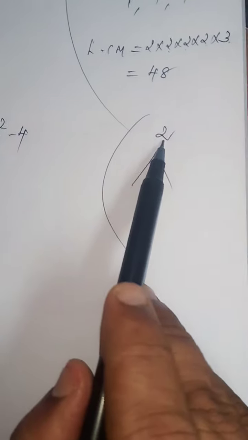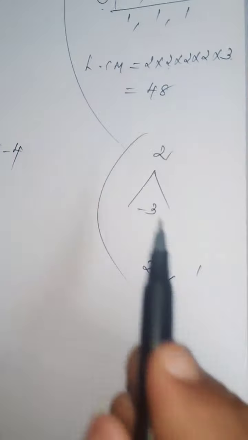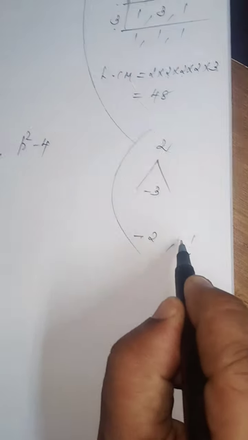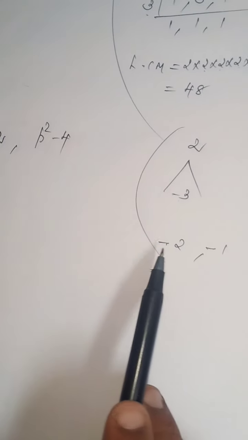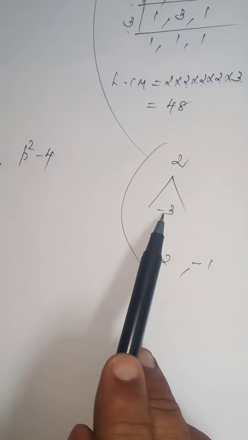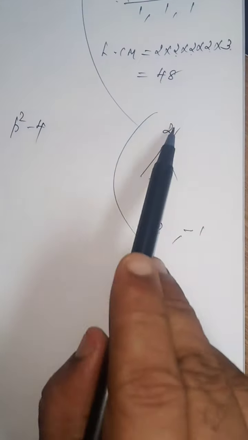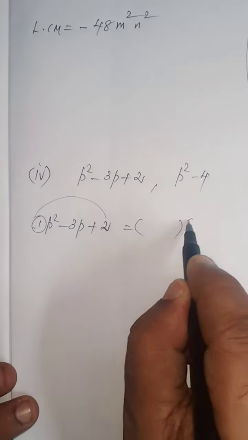For getting 2 in the product, definitely you will write 2 and 1. Correct? 2 1s are 2. For getting minus 3 while adding, what to do, sir? Introduce minus for both numbers. Now we can verify. Minus 2, minus 1. Add the two numbers, minus 3. Correct. Multiply the two numbers, minus into minus plus, 2 1s are 2. Correct, sir.